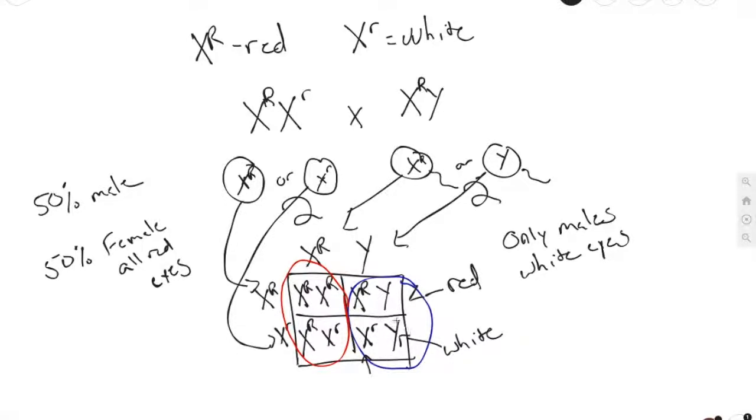This male who received the lowercase r from his mother didn't get an eye color trait from his dad. Because they only have one X, males are more likely to express a recessive trait on an X chromosome. So for the males, half of the males had red eyes, and half of the males have white eyes.